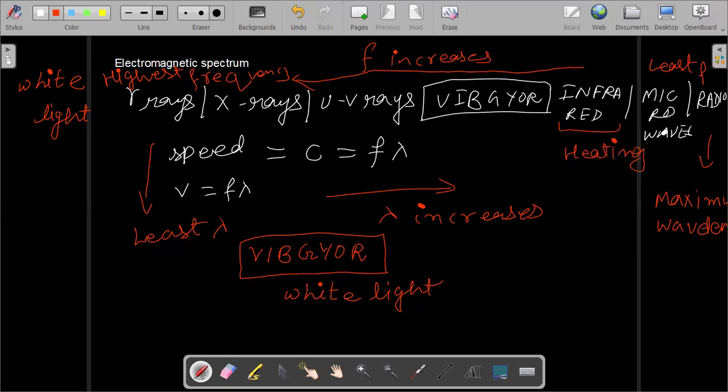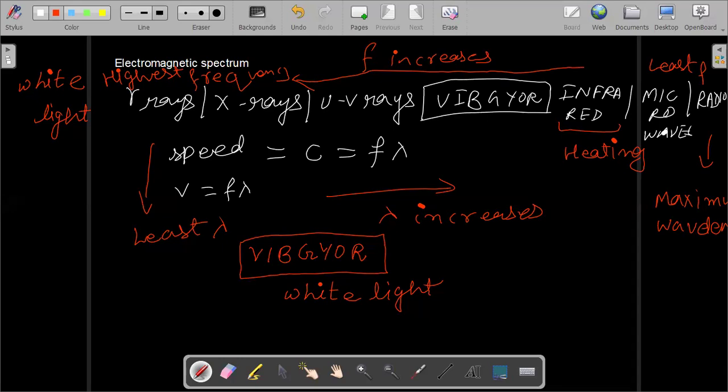Infrared radiations are also used in small point-to-point communications like your remote and other devices. Microwaves are used in microwave ovens. They are also the heat waves, used for heating purposes.